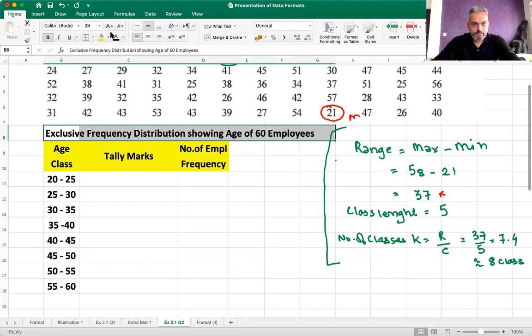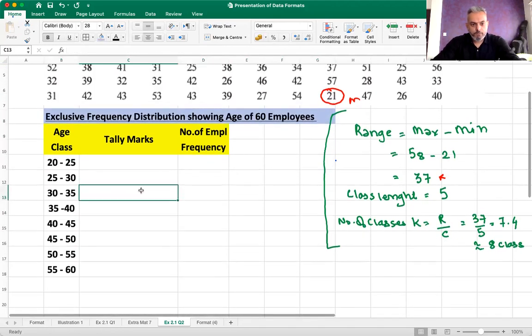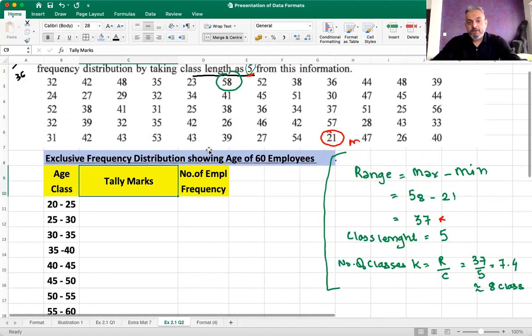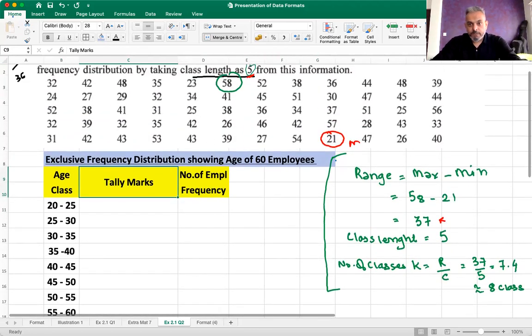Write the heading. Now, we take the age variable. Here we make classes. Then we have tally marks, and the number of employees is basically our frequency. Now let's start this one by one.